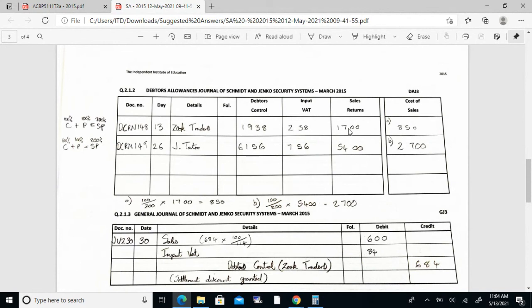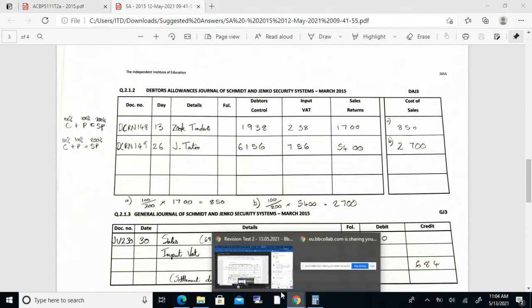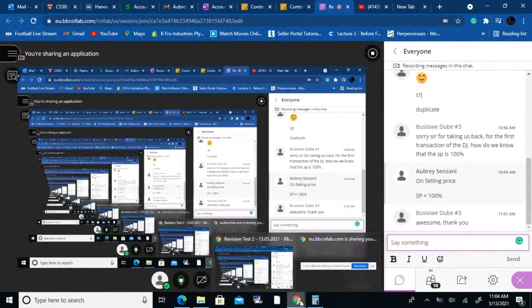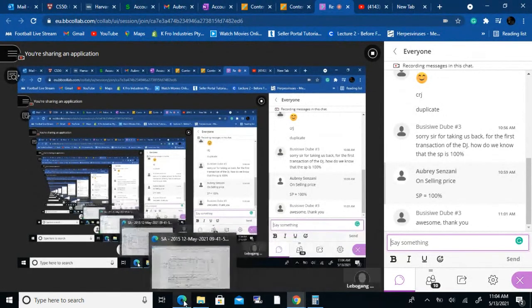So we know sales or sales returns is exclusive of VAT, so immediately we can take that 5,400, plug it in to the sales amount. Okay, now can you see we have to work our way backwards. Okay, so then we say, okay, what is our VAT? Our VAT in this scenario, somebody tell me, how would we calculate our VAT? They've given us the VAT exclusive amount. How would we calculate our VAT?